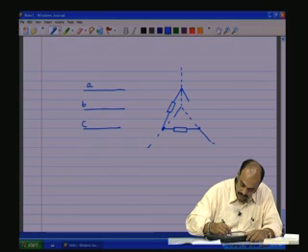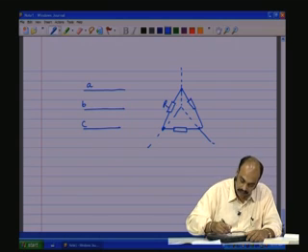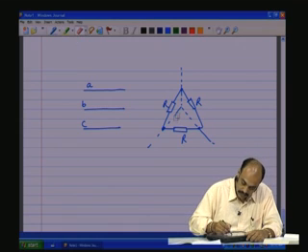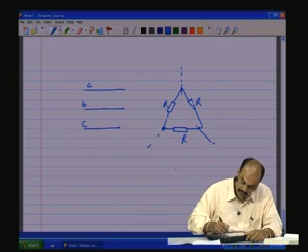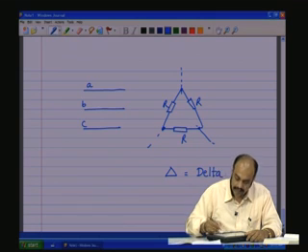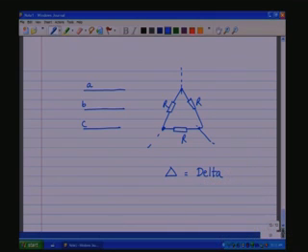Like this, R, R, R. So, this type of circuit looks like a delta, the Greek letter delta, and the lines can be connected as shown like this. So, here also the voltage across the phase circuit is called the phase voltage.